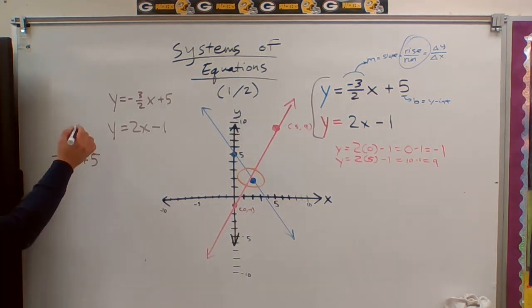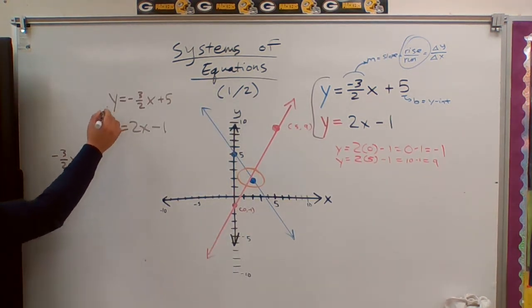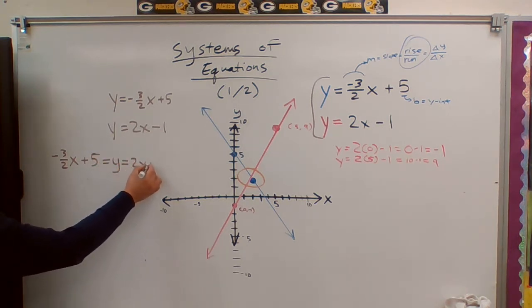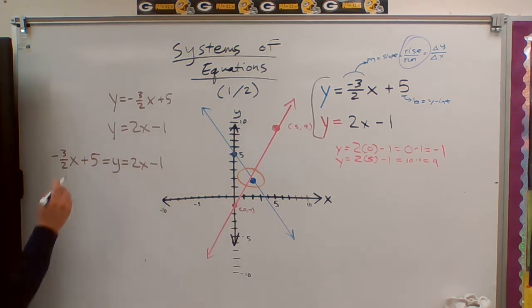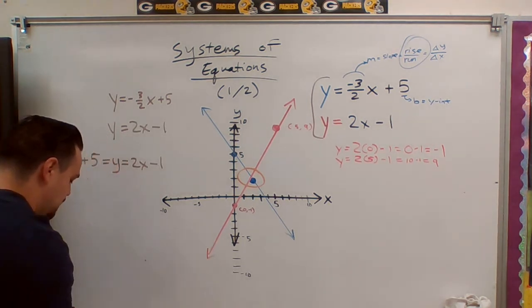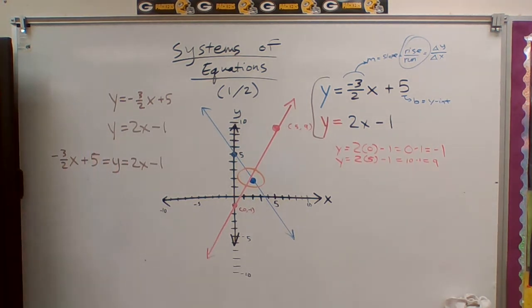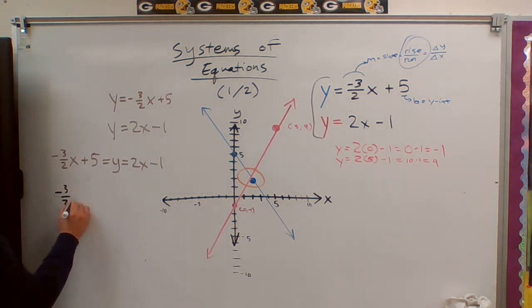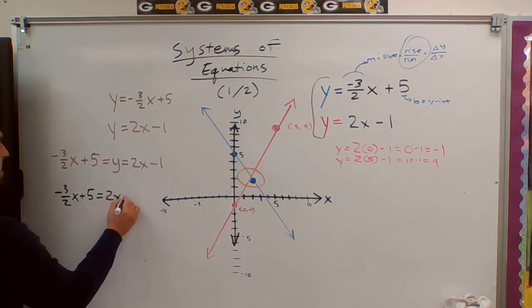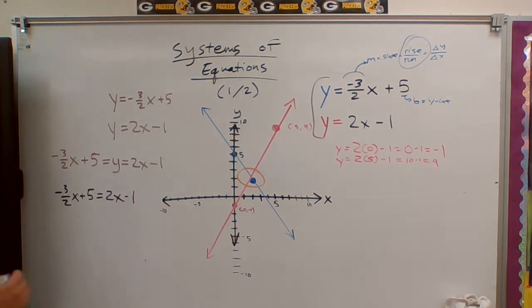So if -3/2 x plus 5 is equal to y, and y is equal to 2x minus 1, well, let's just cut out the middleman. This is my A equals B equals C. Well, A equals C. So -3/2 x plus 5 equals 2x minus 1.